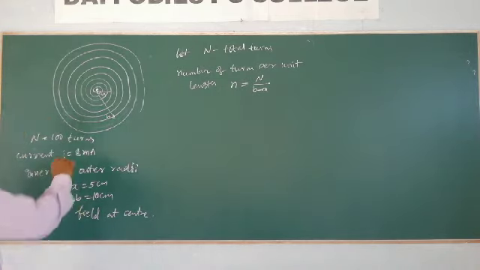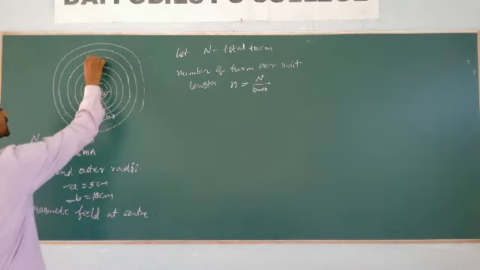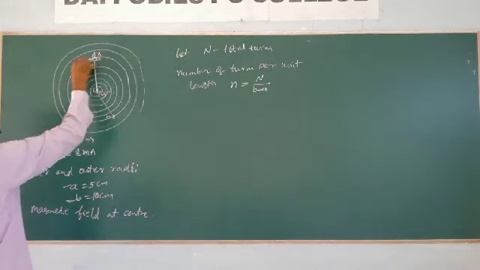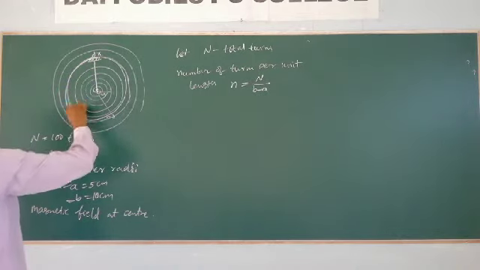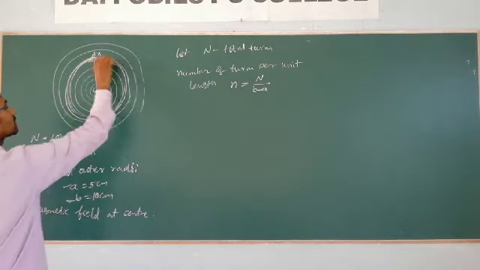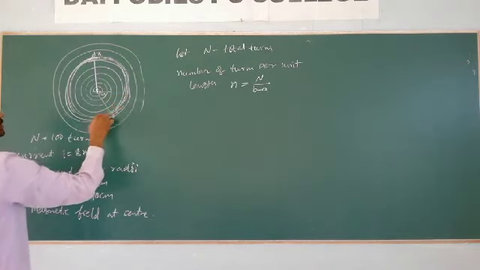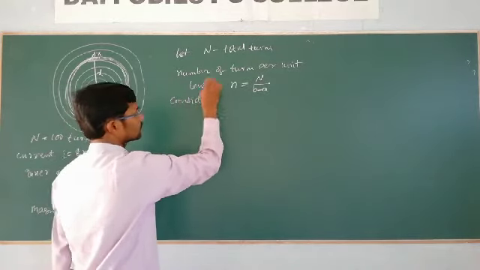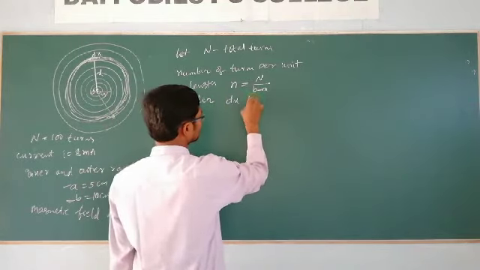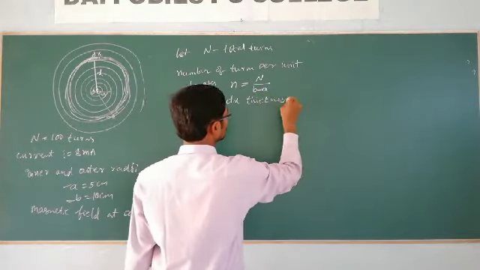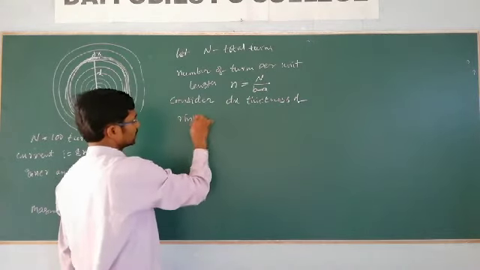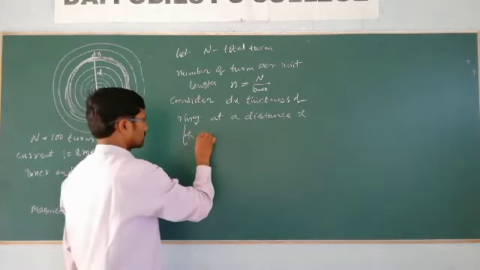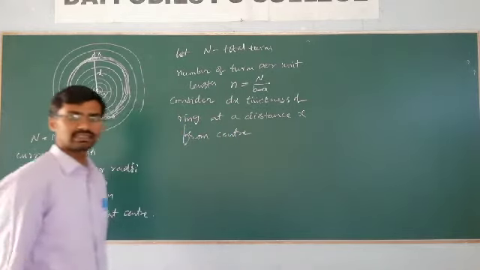But we don't know the magnetic field at the center of this spiral. For that purpose, let us consider at a distance x, a dx thickness of the ring of the spiral, at distance x from the center.